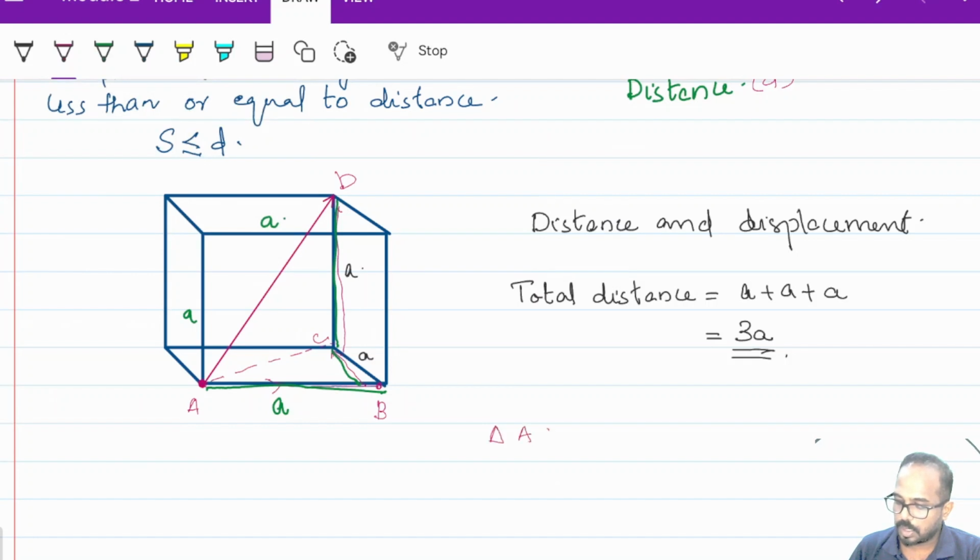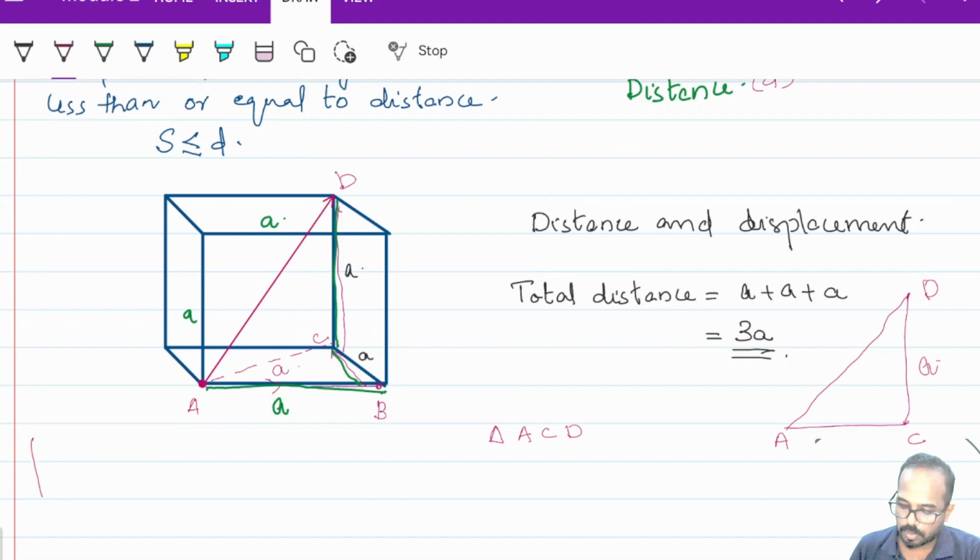Triangle ACD, right? You require the hypotenuse of this triangle. So what is this base side? Look at this one. This is a right angle triangle, right? Including the body diagonal. This CD, you know that it's A, and AC is the diagonal of the base.